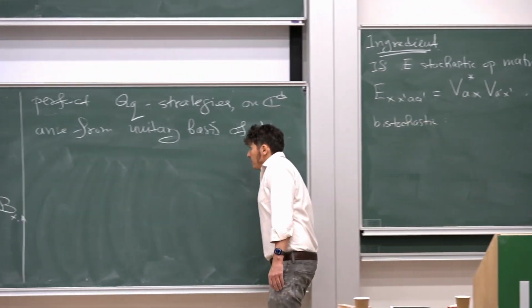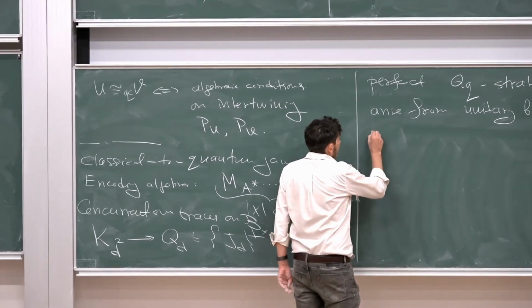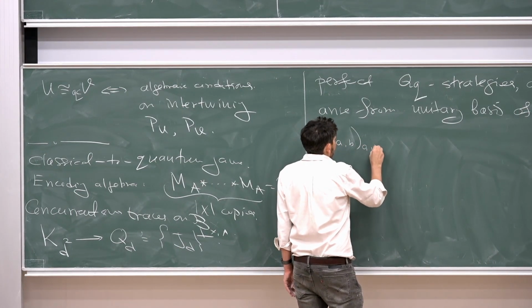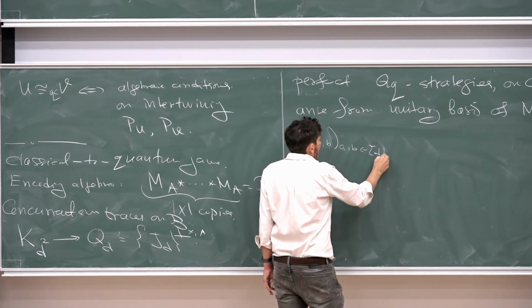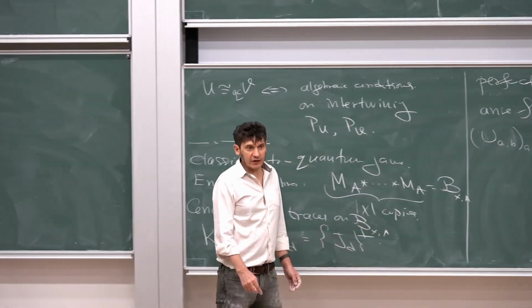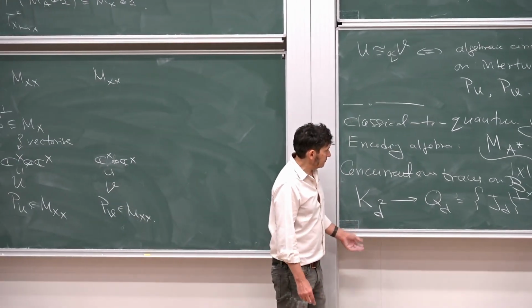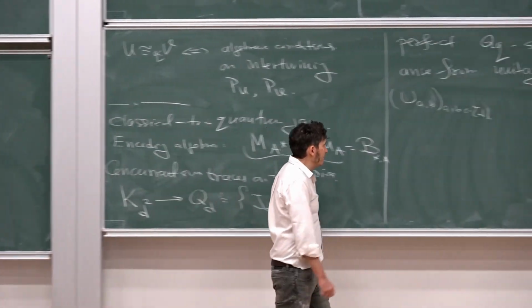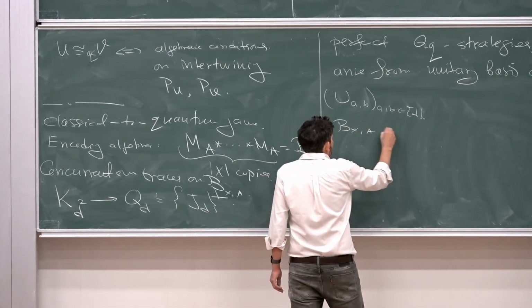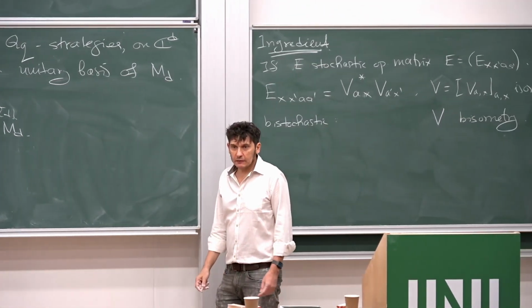So they arise from unitary bases on M_D, and a unitary basis is just a bunch of unitary operators. For every a and b in D, there is a unitary operator such that they are orthogonal to each other in the trace inner product. That's not difficult to see, right? Every time you have such a basis, you will have a representation of B x A into M_D, and vice versa. If you have a representation in here, you can arrive at a unitary basis.